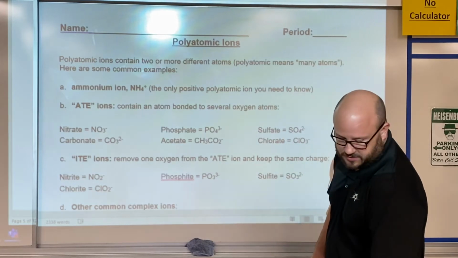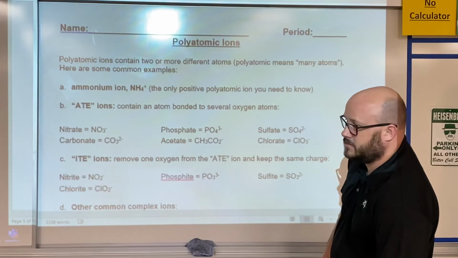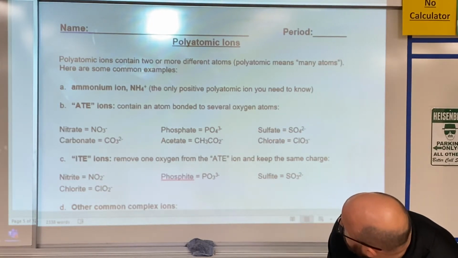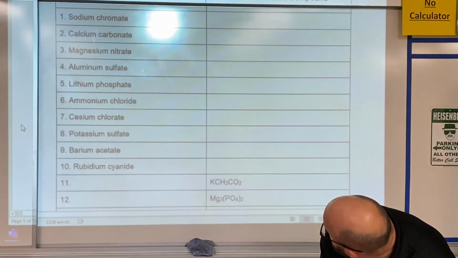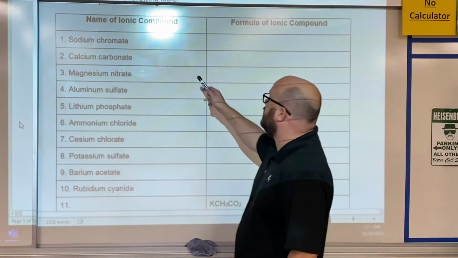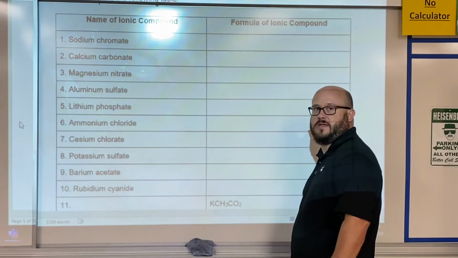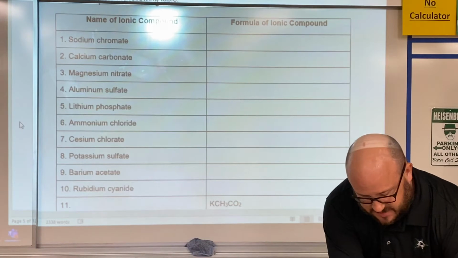Let's take a look at a couple of examples. All right, this first part wants us to write the formula for a polyatomic compound. Now, you're going to need your periodic table when you're doing these.